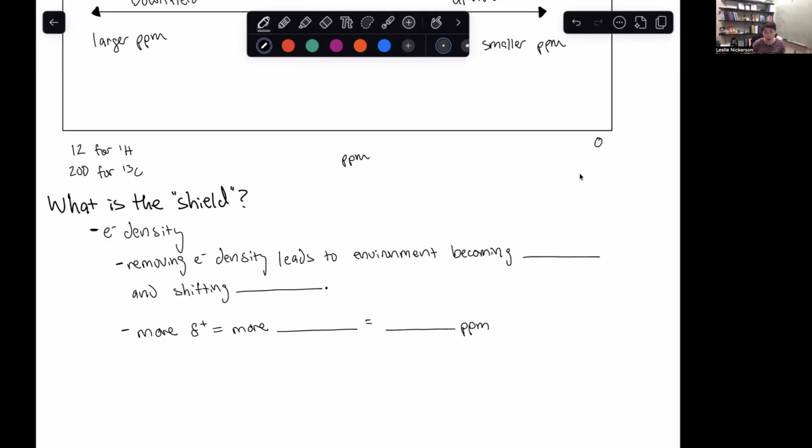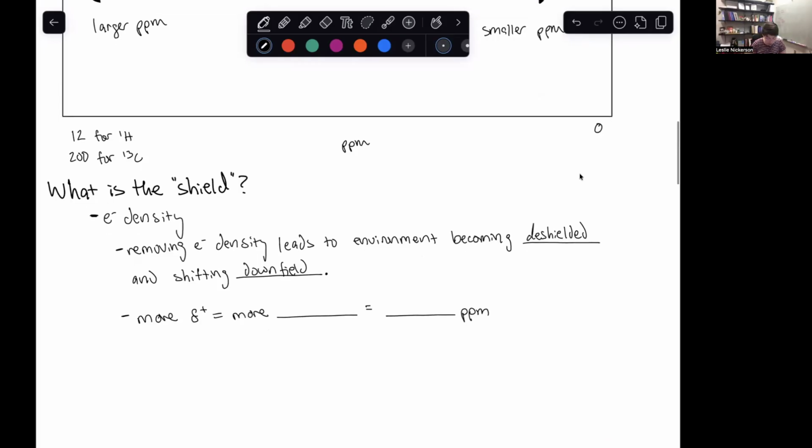So removing electron density leads to the environment becoming deshielded and then shifting downfield. Okay, vice versa is true, right? So if I have more electron density being added, it's going to get shielded and it's going to move upfield.